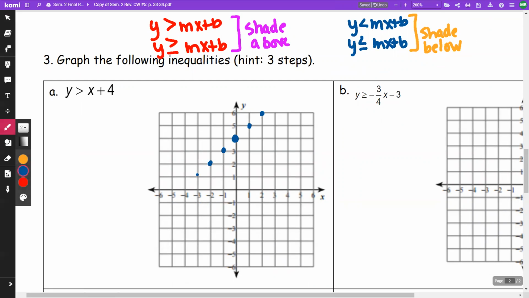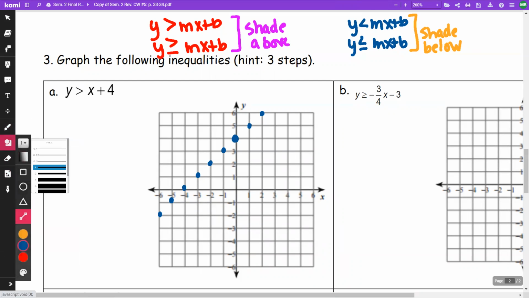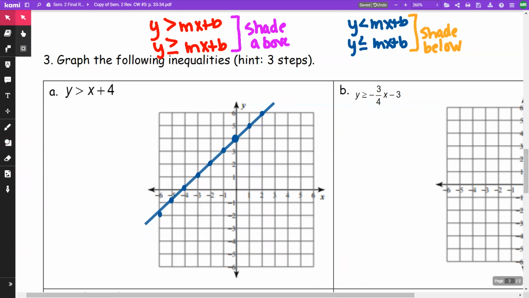Let me just get my graph. In this situation, this is going to be a dashed line. So let me just get my line tool. Okay, so I'm going to have my line, and let me just kind of move that.